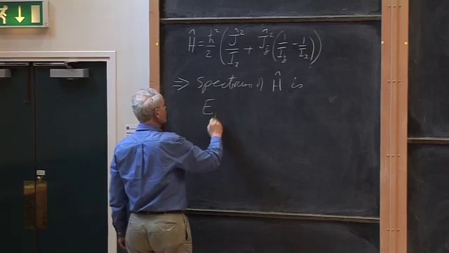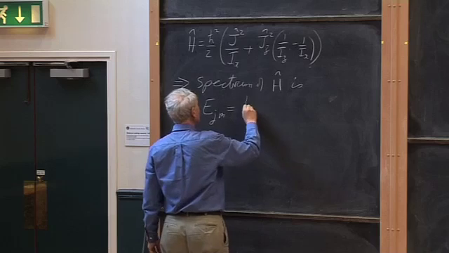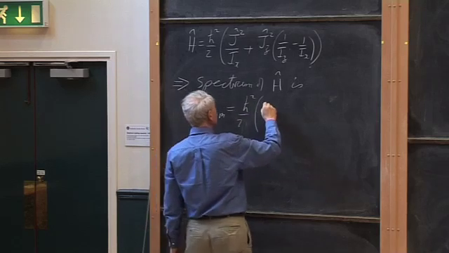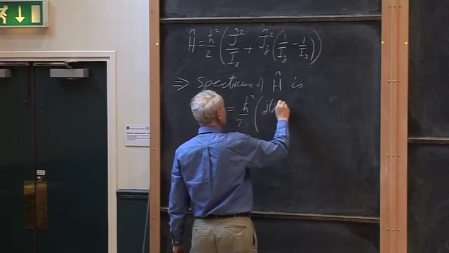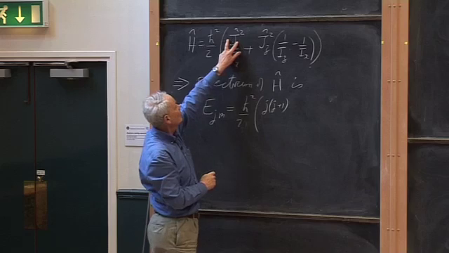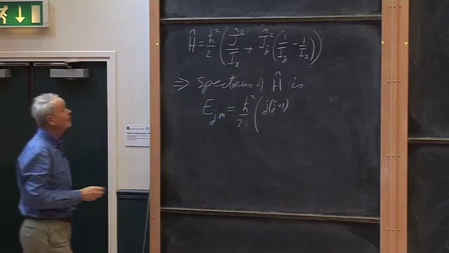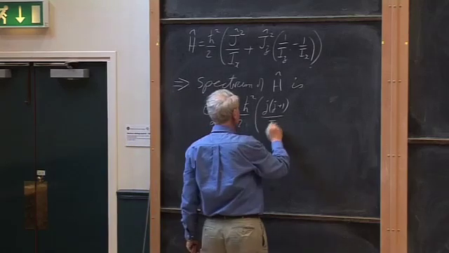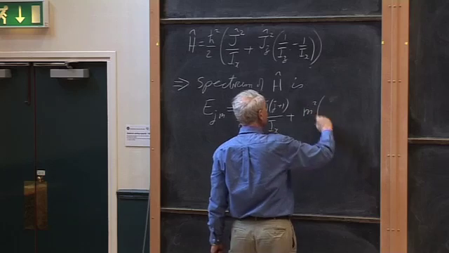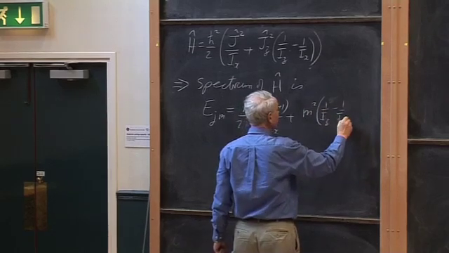E_{J,M} is going to be h bar squared over 2 times [J(J+1)], because remember, we showed the eigenvalues of this were J(J+1), where J is allowed to be an integer or a half integer, divided by Ix, plus m squared times (1 over Iz minus 1 over Ix).